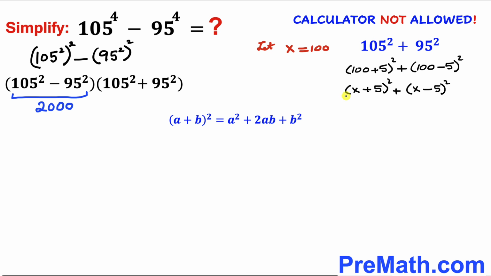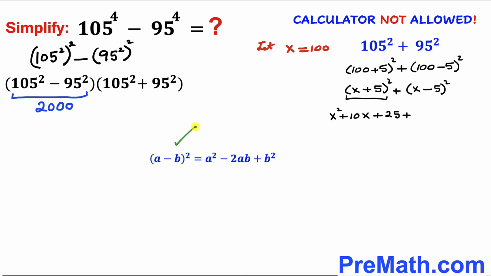So therefore this first binomial could be written as x square plus 10 times x plus 25 and then plus. And now let's recall another identity. A minus b whole square could be written as a square minus 2 times ab plus b square. I'm going to apply this identity on this second binomial. So therefore this second binomial could be written as x square minus 10 times x plus 25.